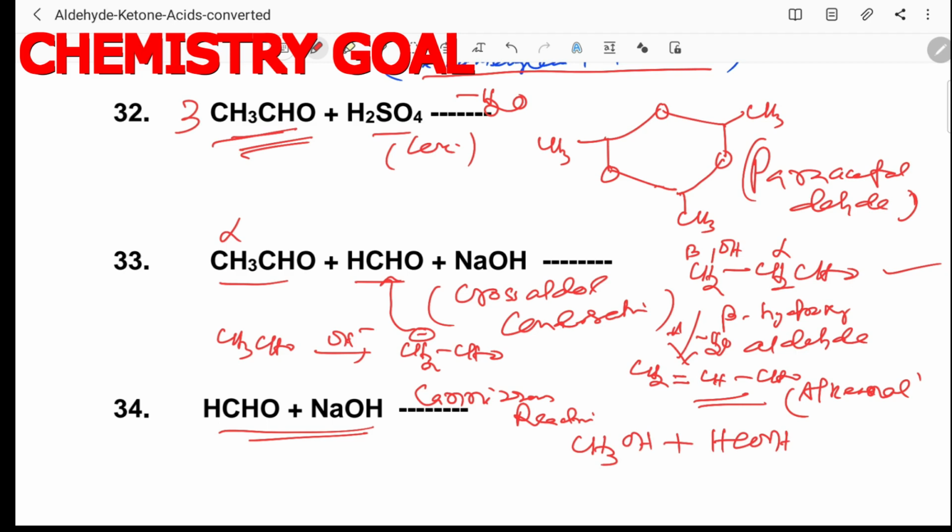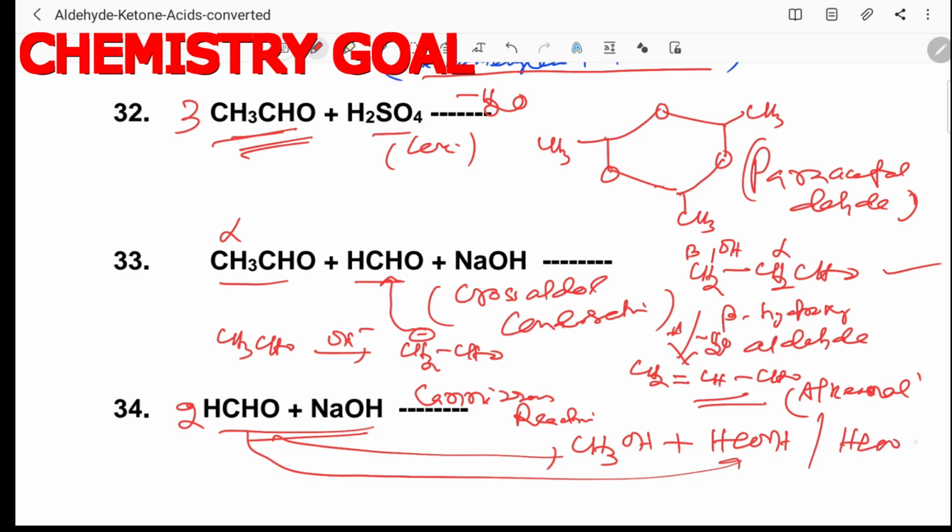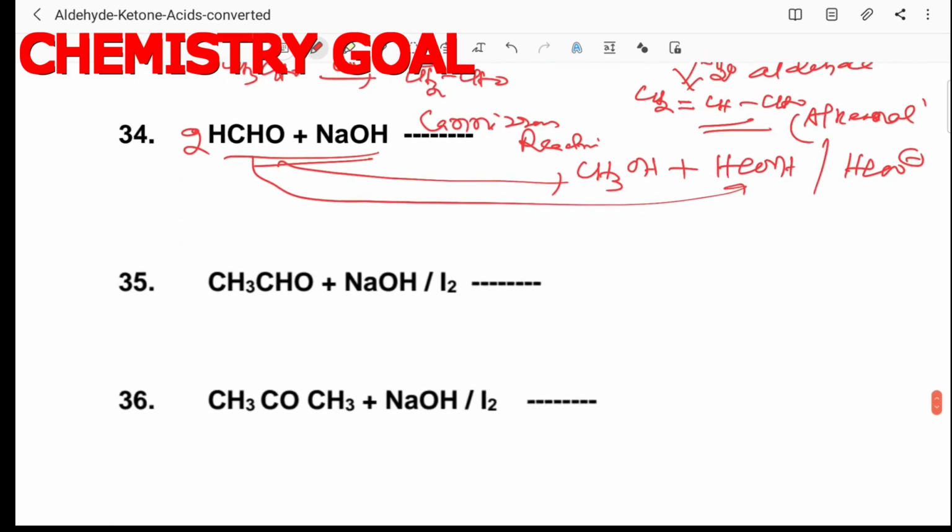Here, as it is formaldehyde, the reduction product is alcohol, and two molecules will be taken, then another will get oxidized to acid. Actually, as we are using sodium hydroxide, the result is always a salt, HCOO minus, because we are using sodium hydroxide. So out of two molecules, one molecule gets reduced to alcohol, another molecule gets oxidized to acid. So you have to remember this is called Cannizzaro reaction.